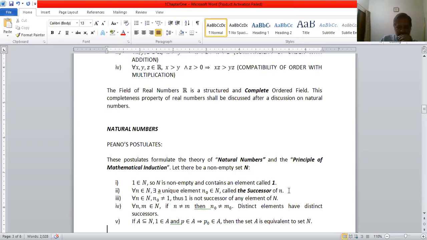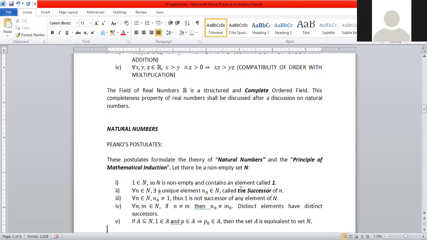So what does it mean? सबसे पहली बात है कि for every natural number, think of any natural number. I think about 143. Now, can you think of what will be the successor of 143? 144.